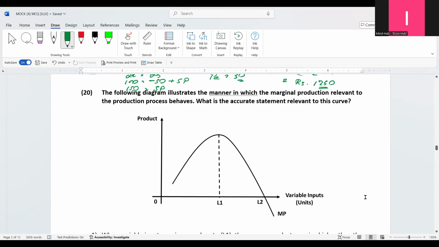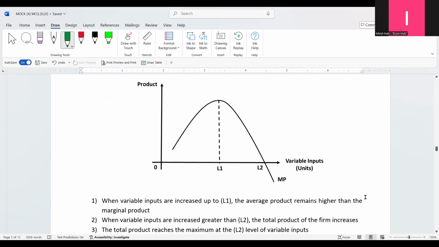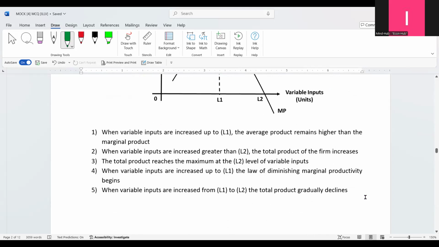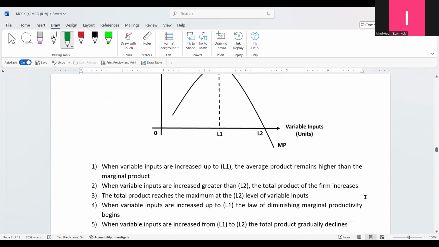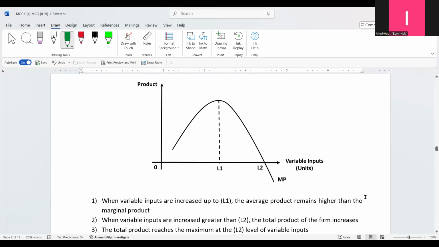What is the accurate statement relevant to this curve? When variable input increased up to L1, the average product remains higher than the marginal product. We can actually draw an AP curve also, right?